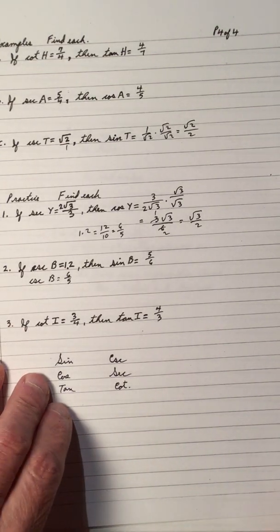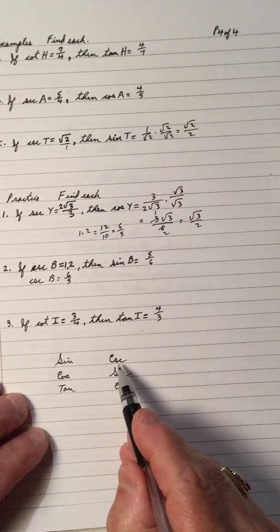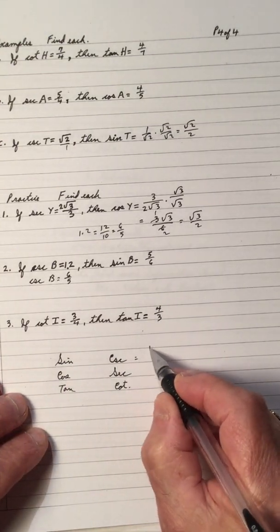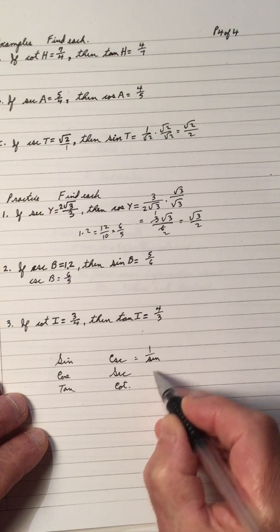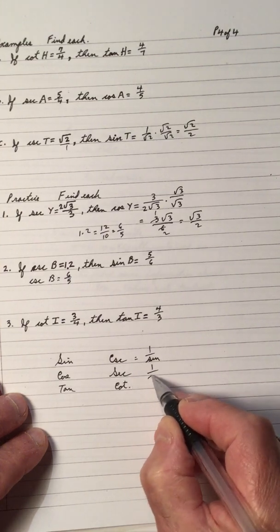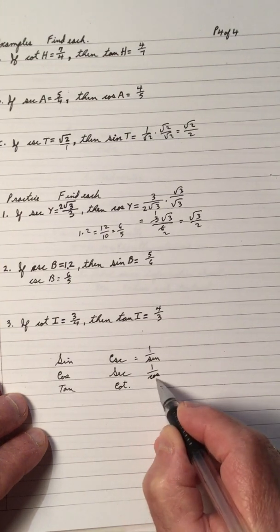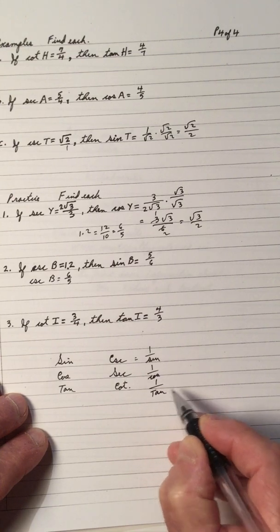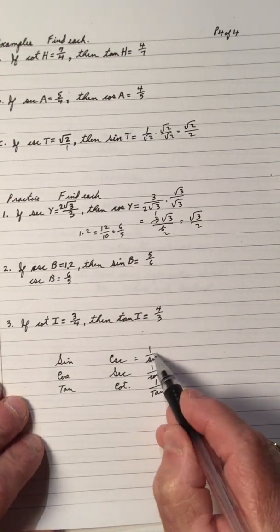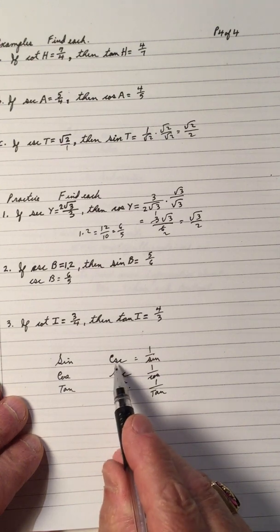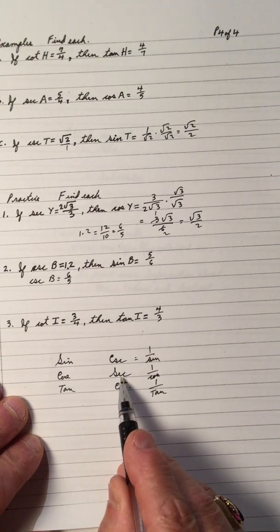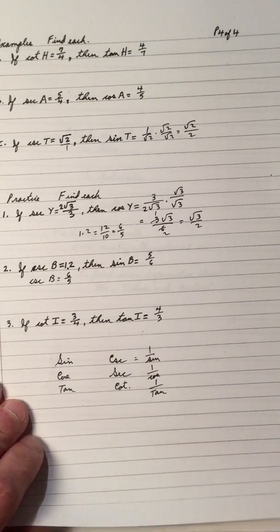Just memorize that. And again, cosecant is 1 over sine. Secant is the reciprocal of cos. Cot is the reciprocal of tan. Keep that in mind. Sine, cosecant, reciprocal. Cos, secant, reciprocal. Cot and tan, reciprocal.